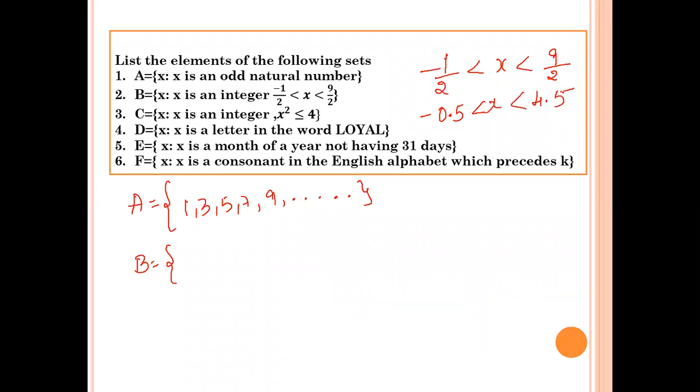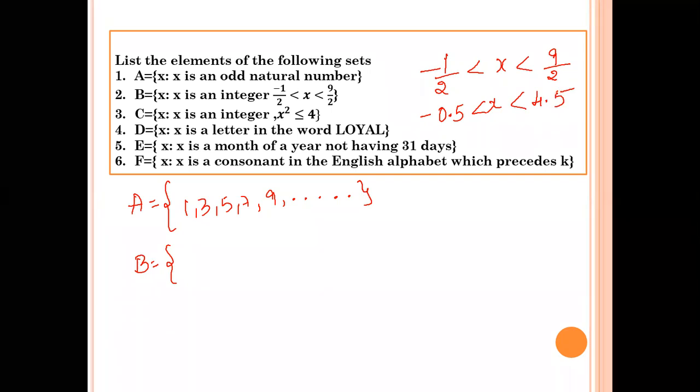So what are the elements which I have to include? I have to include the integers, those greater than -0.5 and less than 4.5. Okay, we have to include only the integers.